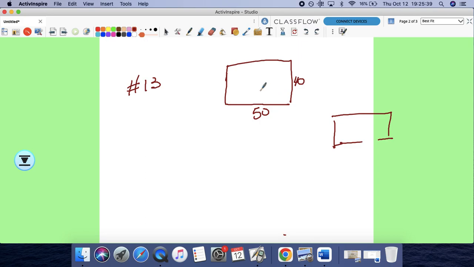So 50 times 40 is 2,000, right? Square units. This one, if I multiply 50 times 0.6, 40% reduction, which means we're left with 60%. So this is 30. That means that the new length is 30, and the width here is increased by 20%, so we multiply by 1.2.